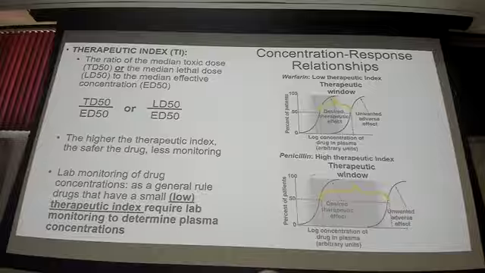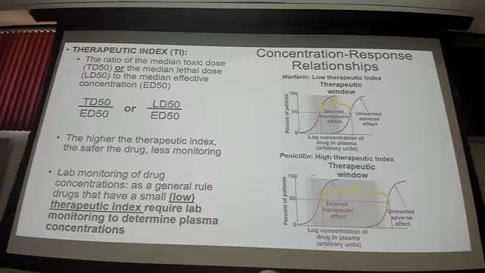So if you look at this graph at the top, warfarin is an example of a drug that has a low therapeutic index. And this index is a quantitative measure of the drug's safety profile. So it's the ratio between a drug's toxic or lethal dose versus the drug's effective dose.